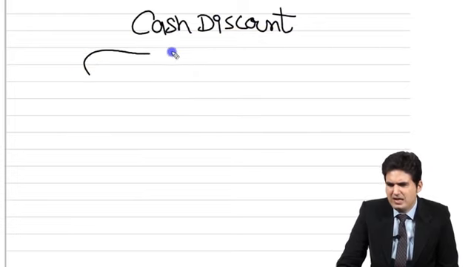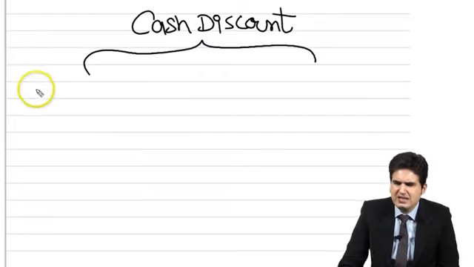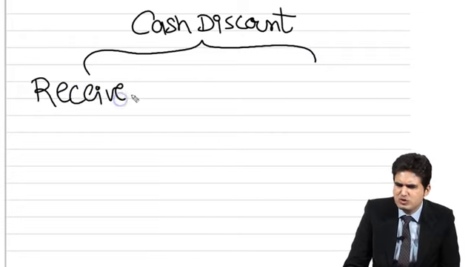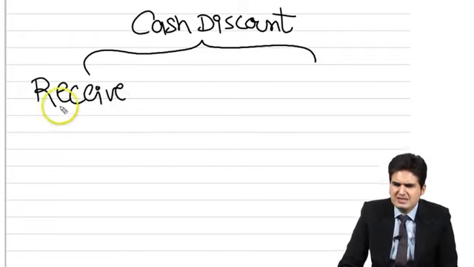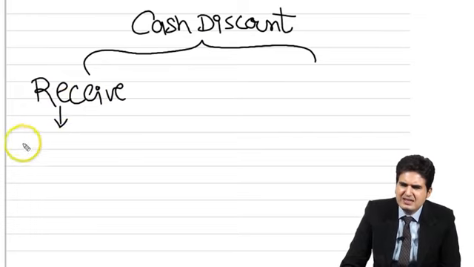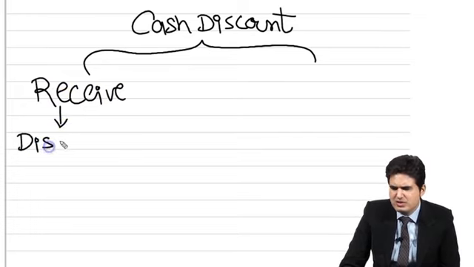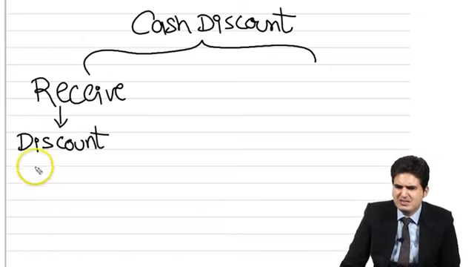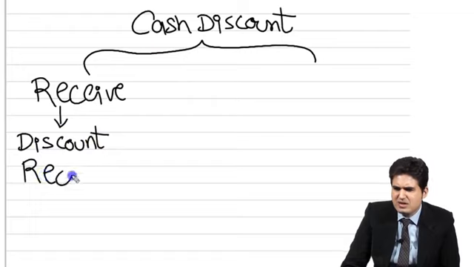I will divide it into two parts. If we receive cash discount, that is, we are supposed to make the payment and we receive cash discount, it is called discount received. This term I am using only for the word cash discount.